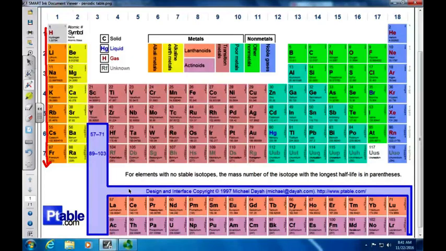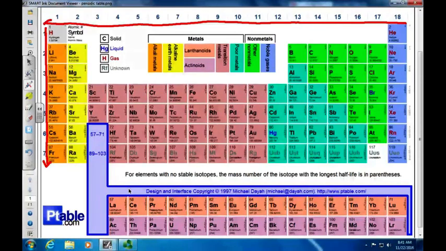But it also goes from right to left across the top. So neon is going to be larger than fluorine, which is larger than oxygen, which is larger than nitrogen, which is larger than carbon, and so on.